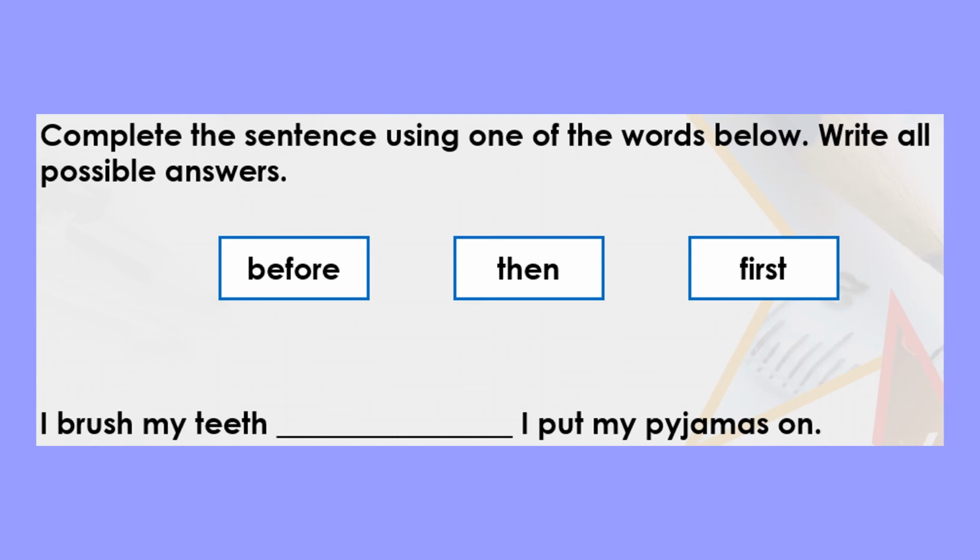Which 2 out of those 3 words would make sense? Well, we could say, I brush my teeth before I put my pajamas on. We could also say, I brush my teeth, then I put my pajamas on. I brush my teeth, first I put my pajamas on doesn't quite make sense in one sentence.